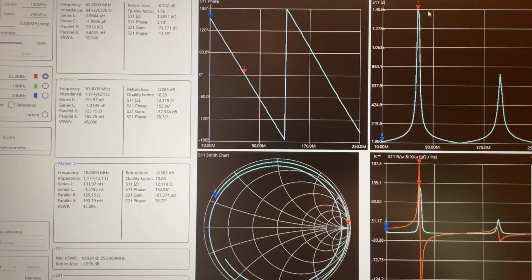So about 1.5 kiloohms. So that's basically our open. So when the output side, the load side, is shorted, the source side, which is the side of the NanoVNA, looks like an open.